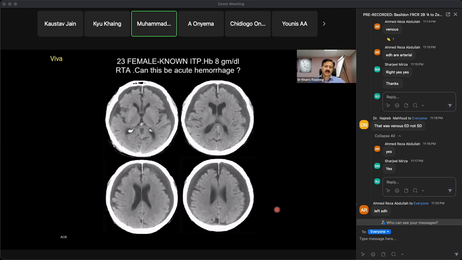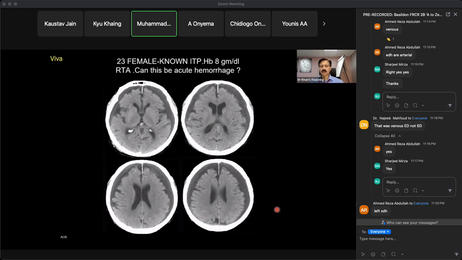This is just a point to remember from physics: the basic concept on a CT scan is that acute hematoma will be 56 to 76 Hounsfield units. More than 80 is calcification, and less than that, gray matter and white matter, etc. have various Hounsfield values. But this depends on hemoglobin concentration, and this figure is valid for 13 grams per deciliter.